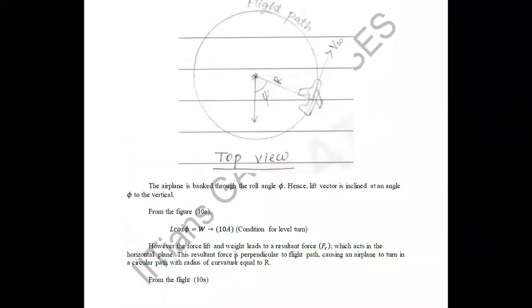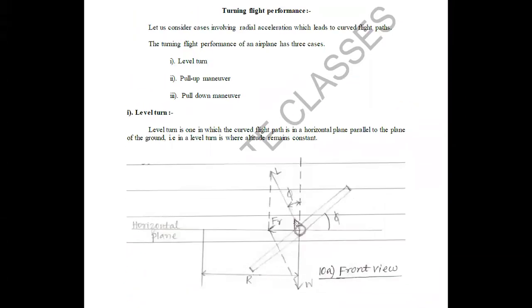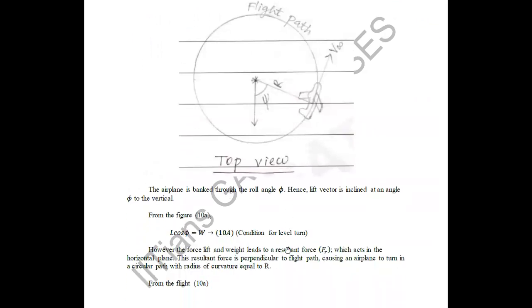When we are going in a curved flight path, since the lift vector is acting at an angle, there is always a resultant force acting. This resultant force leads to a curved flight path, causing the airplane to go in a circular path.